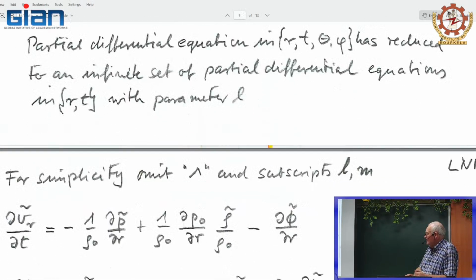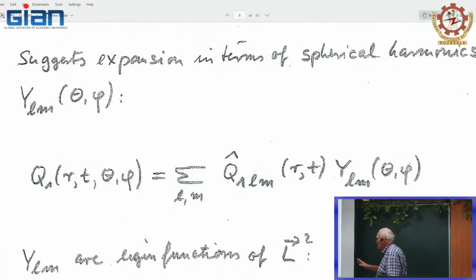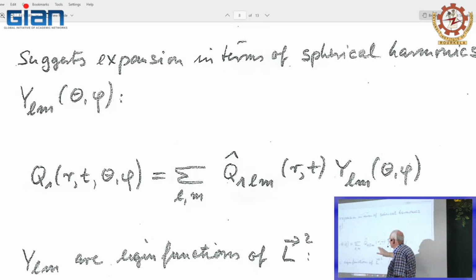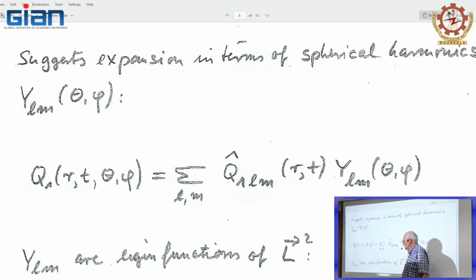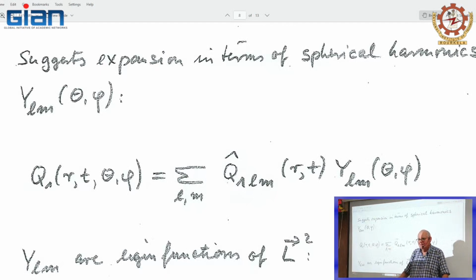For simplicity, we omit the hat which we have introduced here, because the function q given in our equation should in principle have a hat and a subscript lm.